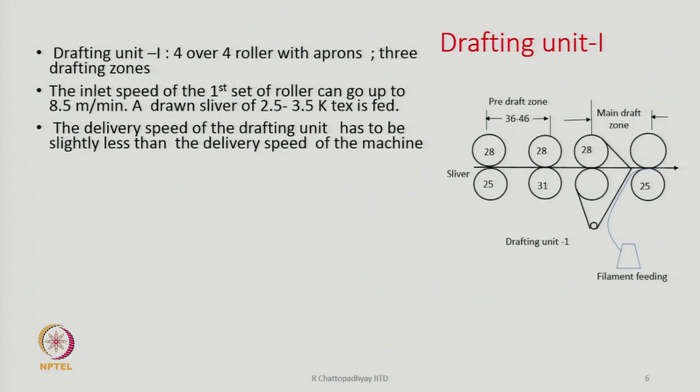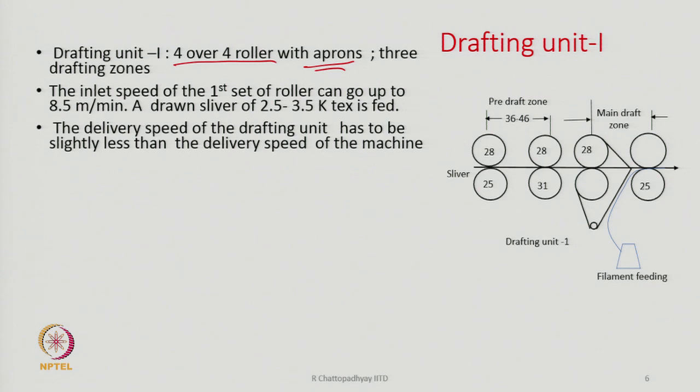Though we are not really spinning sliver to yarn in this case, the sliver is drafted, we make it thinner, and that becomes part of the core basically. So, the drafting unit is basically 4/4 rollers with aprons. In the final zone we have aprons, because there the draft is more.